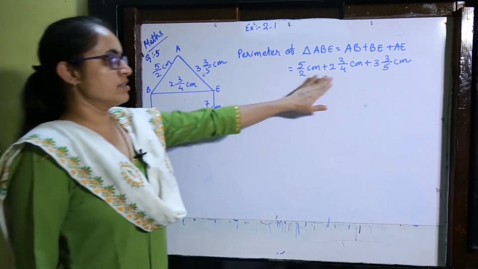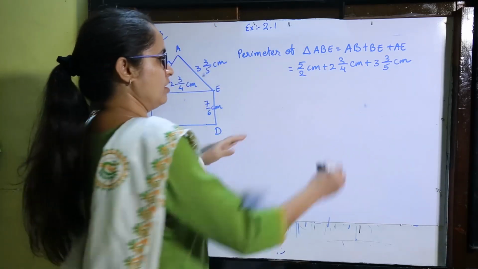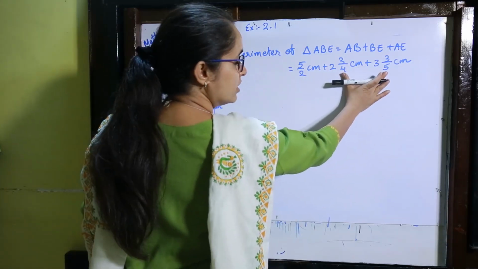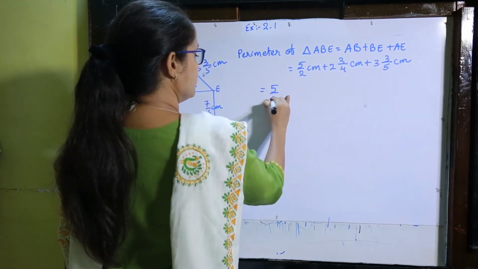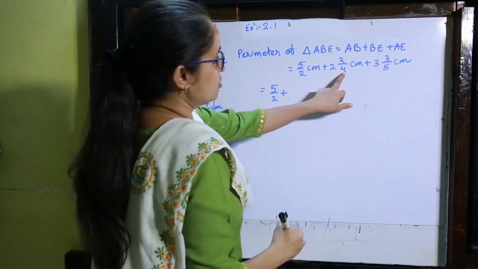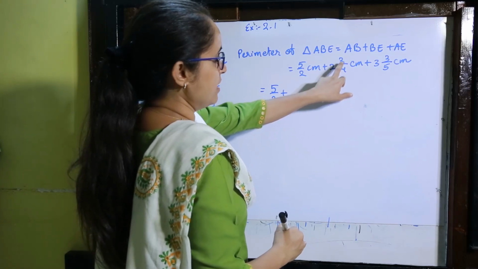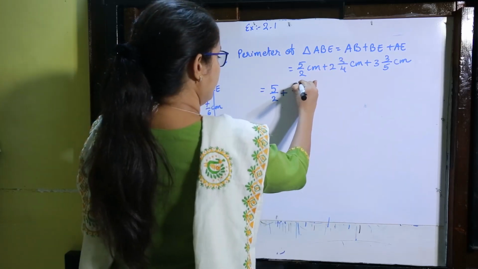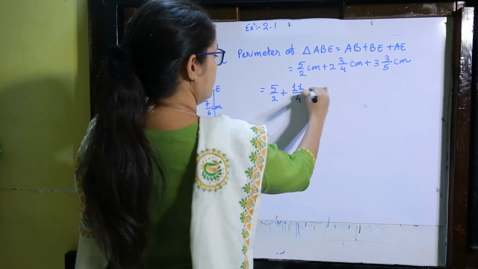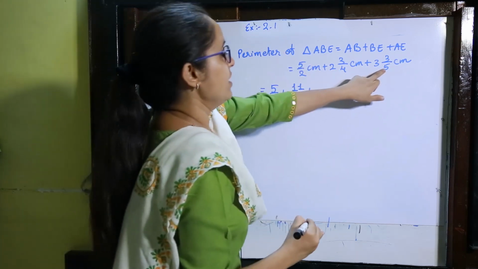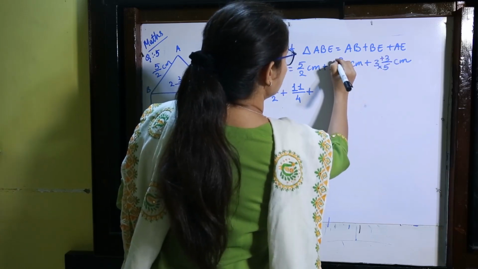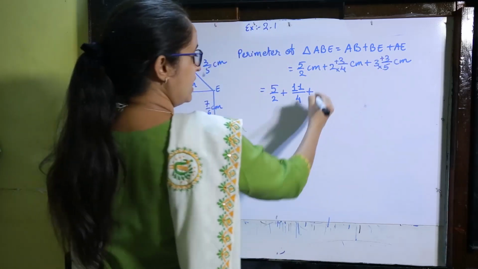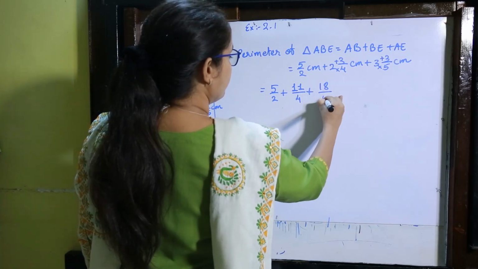First convert the mixed numbers into improper fractions. 5/2 as it is, plus 4 2s are 8, 8 plus 3 is 11, so 11/4, plus 5 3s are 15, 15 plus 3 is 18, so 18/5.